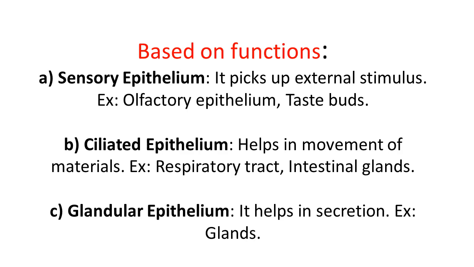Glands secrete certain chemical substances which are very much important for the body to maintain all the activities in a proper way. So in the glands we see this tissue, which is called glandular epithelial tissue. This is how, based on functions, we can classify them as sensory, ciliated and glandular epithelial cells.